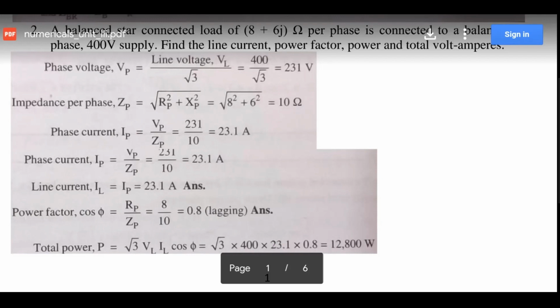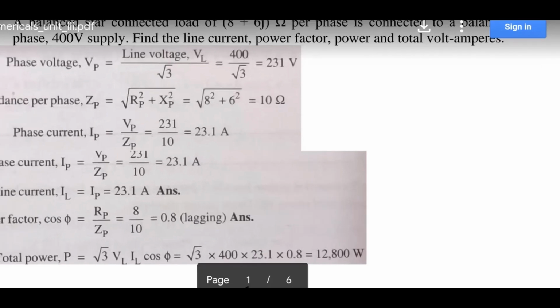But what is to be taken care of here is that power factor should not be left as it is. It should always be accompanied by lagging or leading component. So now let's move to the numerical.